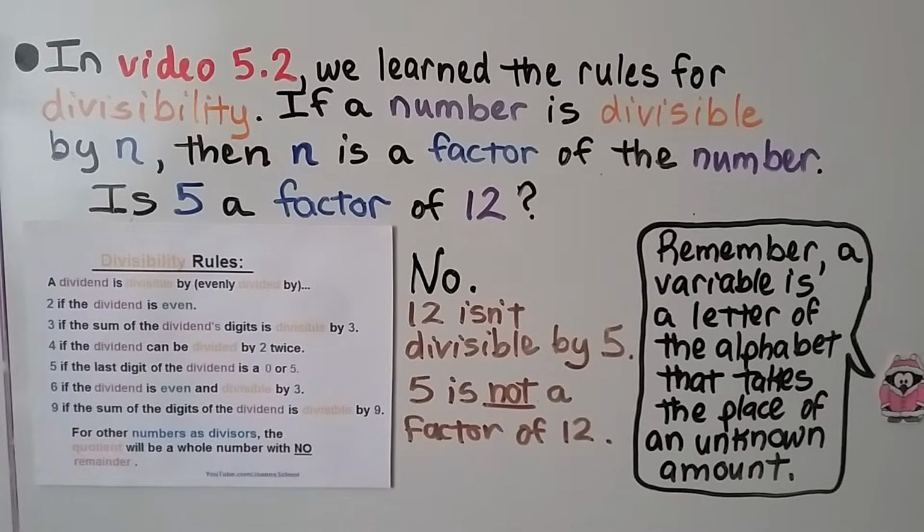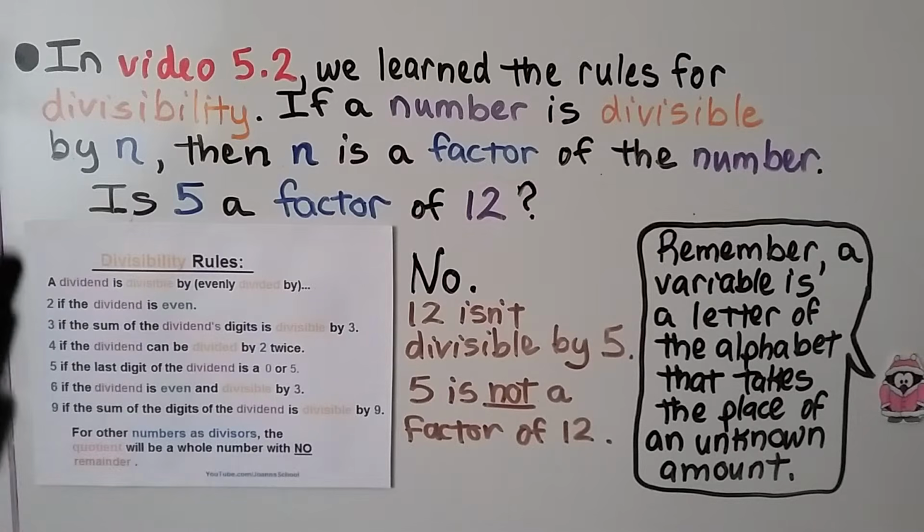In video 5.2, we learned the rules for divisibility. If a number is divisible by some number n, then n is a factor of the number. Remember, a variable, like this letter n, is a letter of the alphabet that takes the place of an unknown amount.